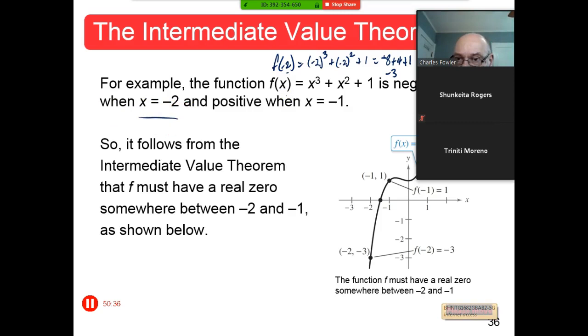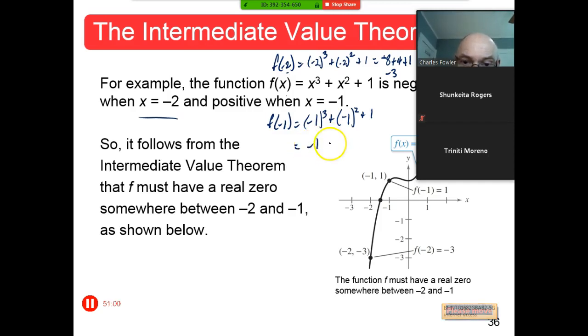How about when x is equal to minus 1? F of minus 1 would be what? Negative 1 cubed plus negative 1 squared plus 1. And what's negative 1 cubed? Negative 1.